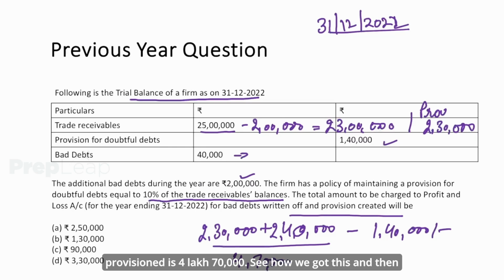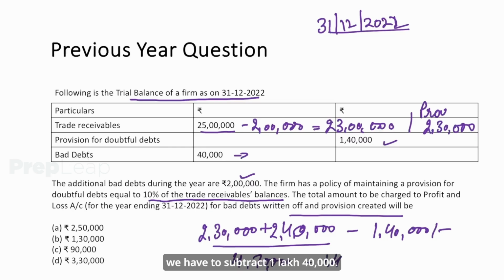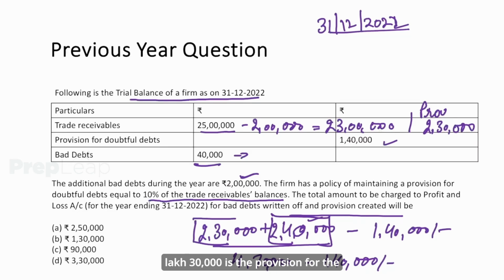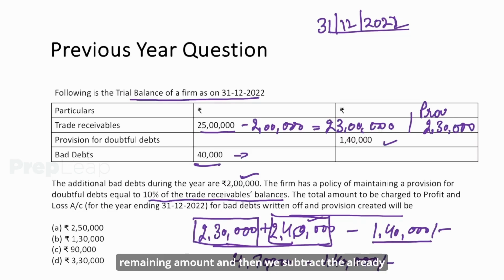See how we got this, and then we have to subtract 1,40,000. So how did we get this number? This 2,40,000 includes both the already incurred bad debt and the additional bad debt. 2,30,000 is the provision for the remaining amount. And then we subtract the already provisioned amount. So we are left with 3,30,000, which is option D.